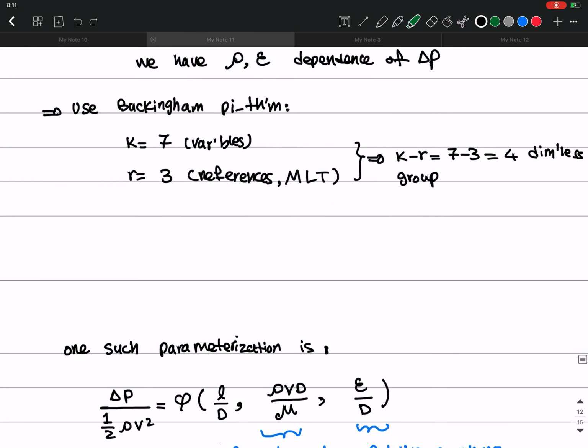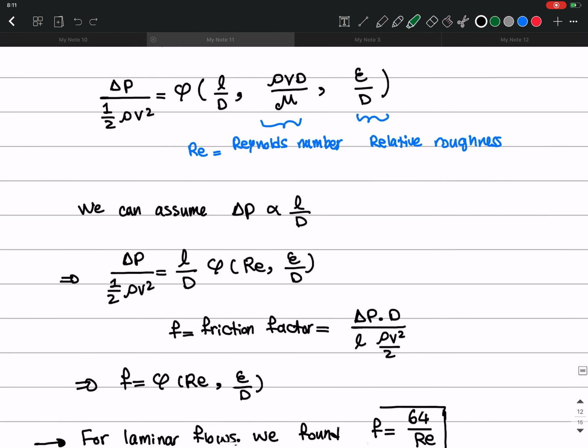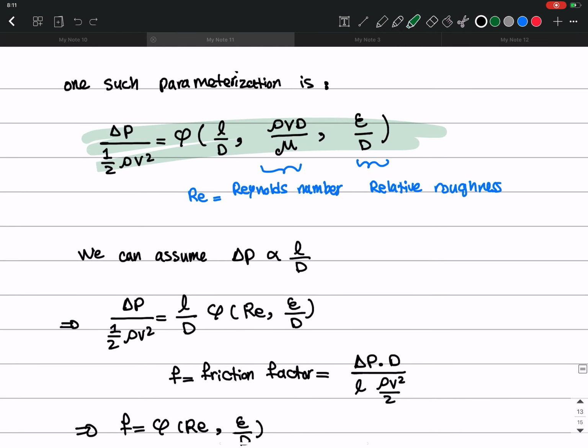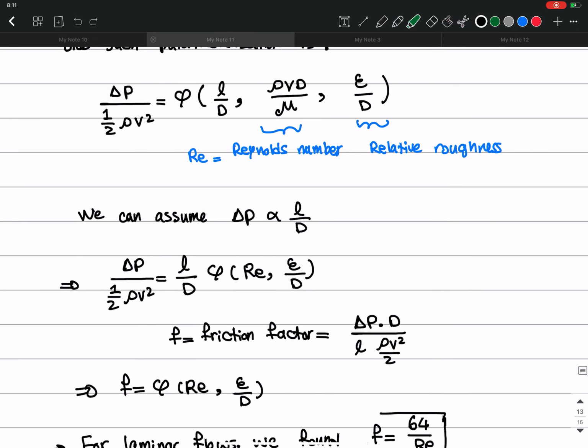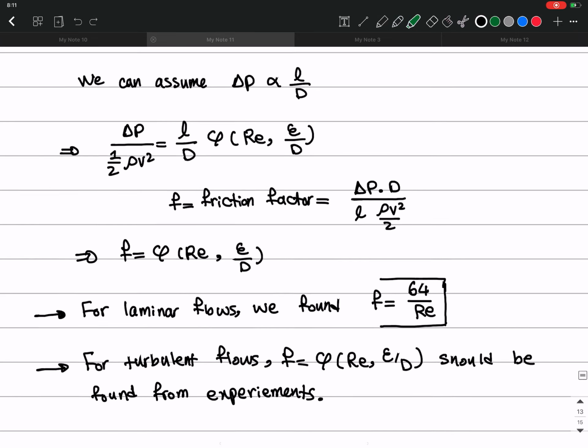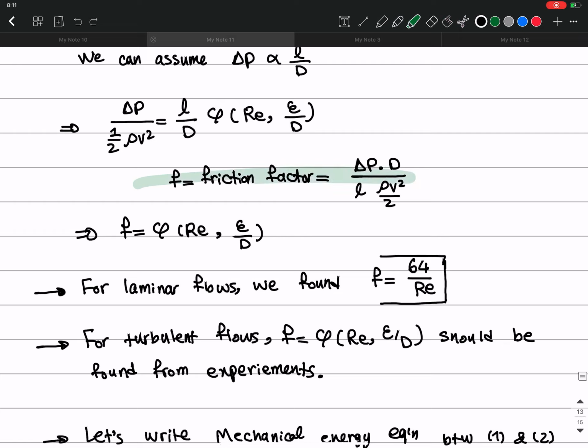And then we found this general formula using dimensional analysis. And then by defining this friction factor, we found that the friction factor is going to be a function of Reynolds number and epsilon over D.